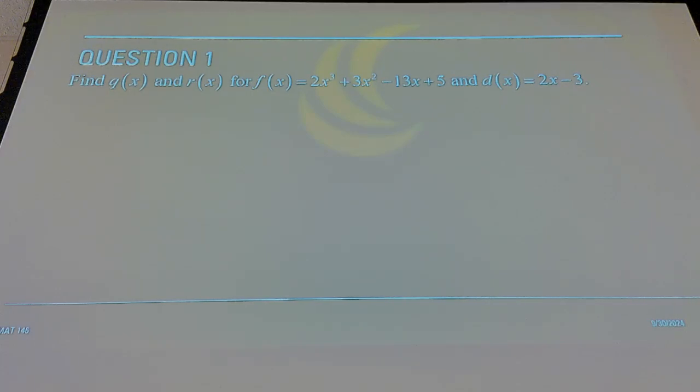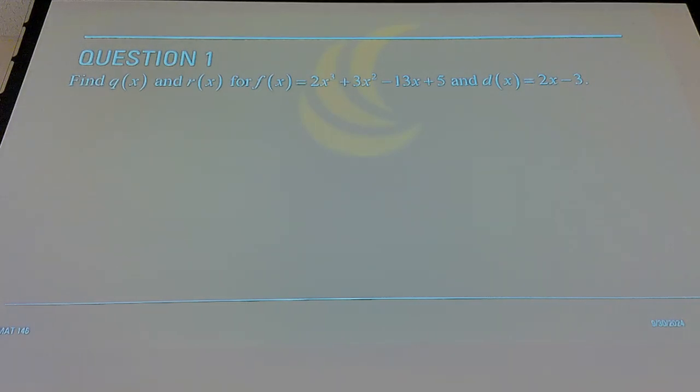Technically, no. What's the form for synthetic division? Is this x minus a number? It's 2x minus a number. That's not x minus k. So no, we can't use synthetic.